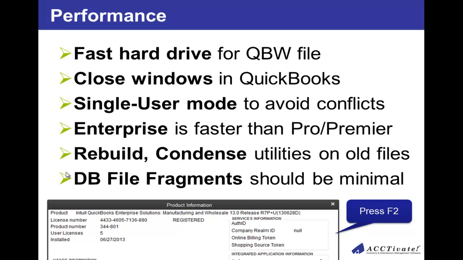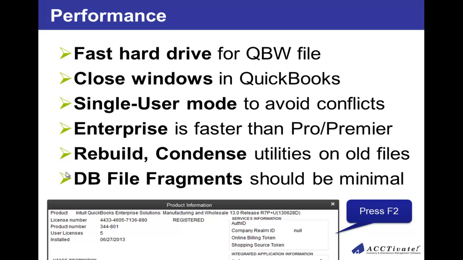So in QuickBooks, if you press F2, there's a section called DB file fragments, and we really want that number to be very small. I've heard a couple different comments about that. It should be less than 10 or less than 20. Really, if it's a large number, 100 or 200, I definitely would recommend you look at doing disk maintenance on your server and see if there's any way you can get that file to be contiguous.